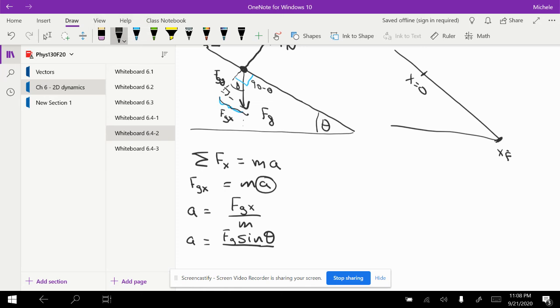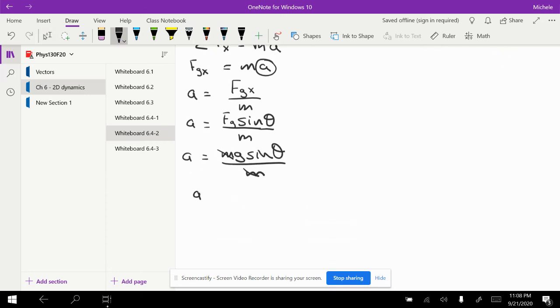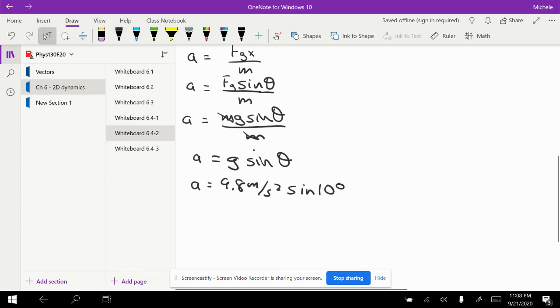So a is Fg sine theta over m, and Fg is equal to mg, so I cancel my m's and get a equal to g sine theta. Plugging in, a is equal to 9.8 meters per second squared times sine of 10 degrees, which gives me 1.7 meters per second squared.